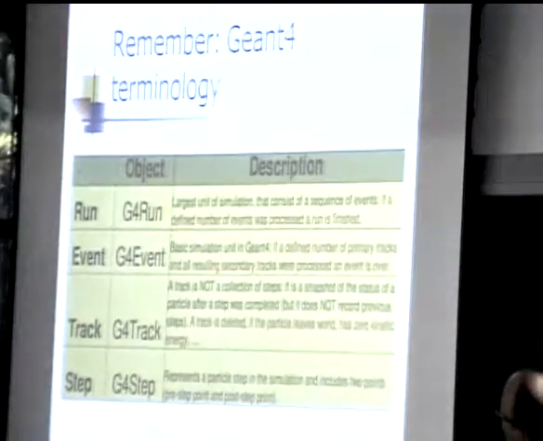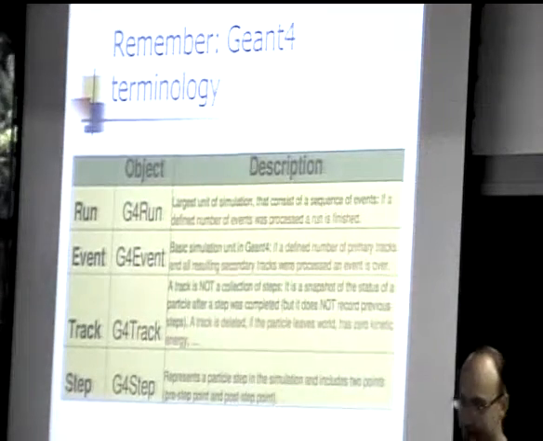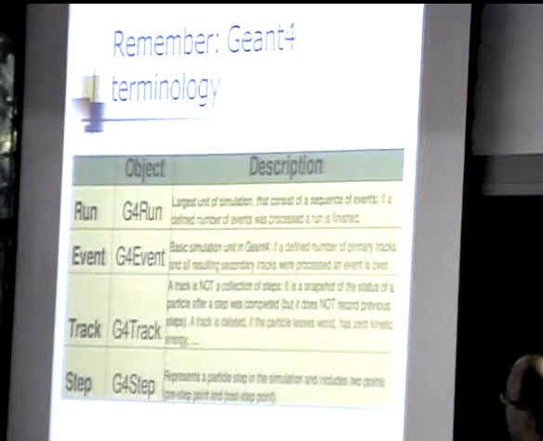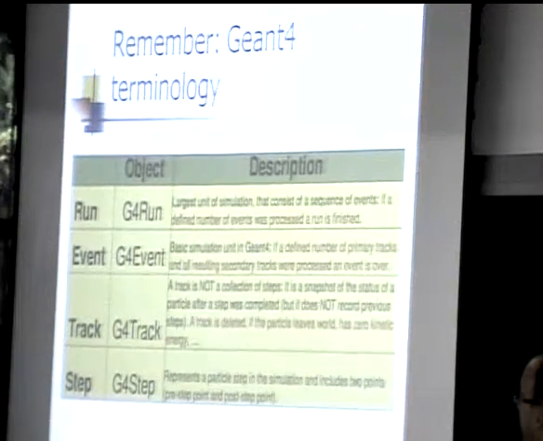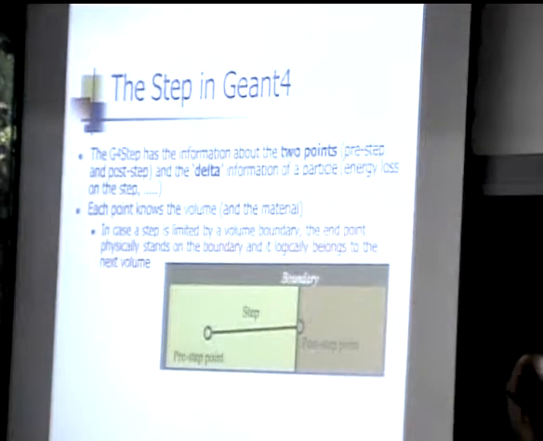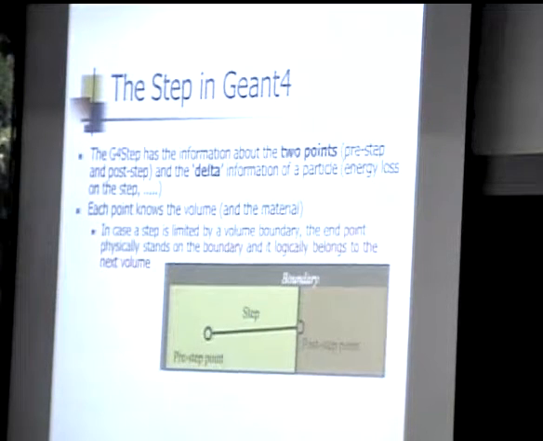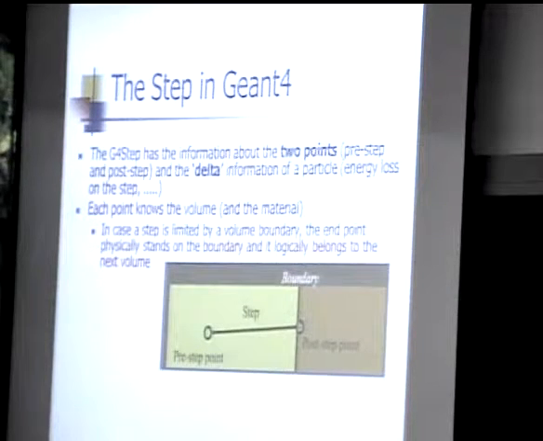So this is, let's say, a summary of what I already said. What's a run, what's an event, what's a track, and what's a step. The step in GEANT4, as was mentioned in the first day, is a segment defined by two different interactions.